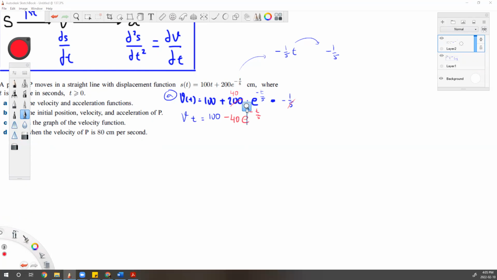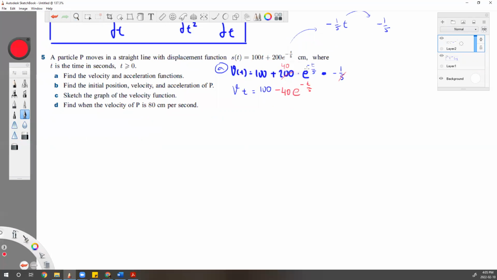That's it. Okay. And how do you calculate the acceleration function? The velocity function is done here, right? Please keep in mind the formula of the derivative of e.